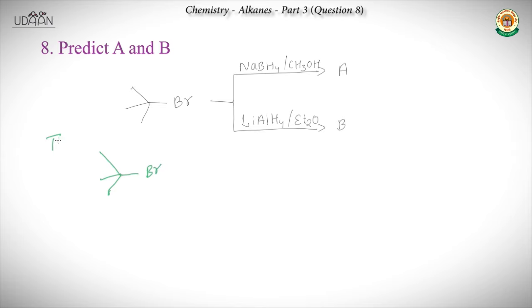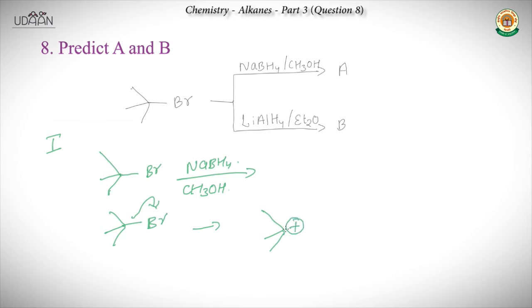Let's consider the first case, where you are using sodium borohydride in the presence of methanol. First, as I told you, it proceeds via the SN1 mechanism. So in the SN1, first the C-Br bond cleaves and you will get a carbocation.